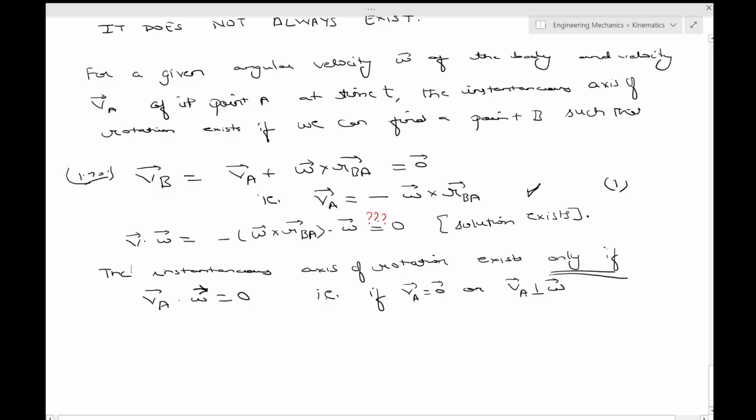Now here is an important part about this, that the instantaneous axis of rotation will always exist for a plane motion, since the velocity of A will always be perpendicular to omega. Let me put that in words.